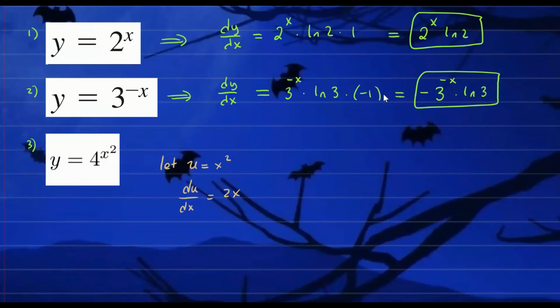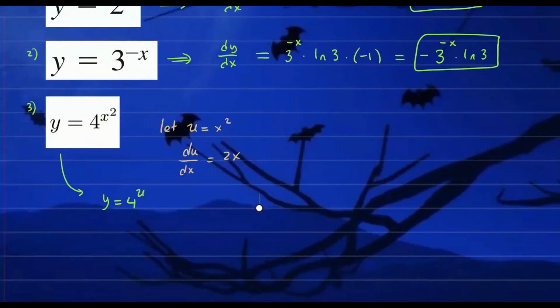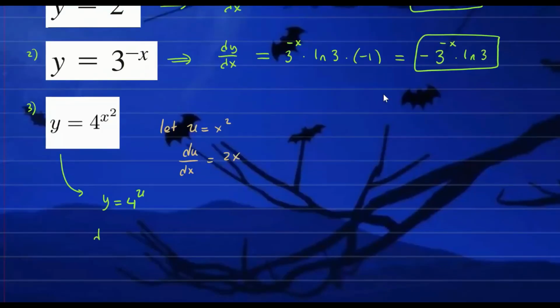That means now I can rewrite the function as y equals 4 to the u. If I differentiate this, I get dy dx is equal to 4 to the u times ln of 4, because that's our base, times the derivative of the exponent function, that's du dx. So that's the chain rule version of this.